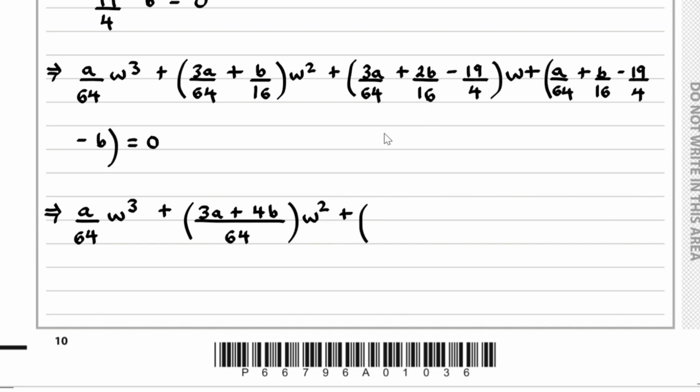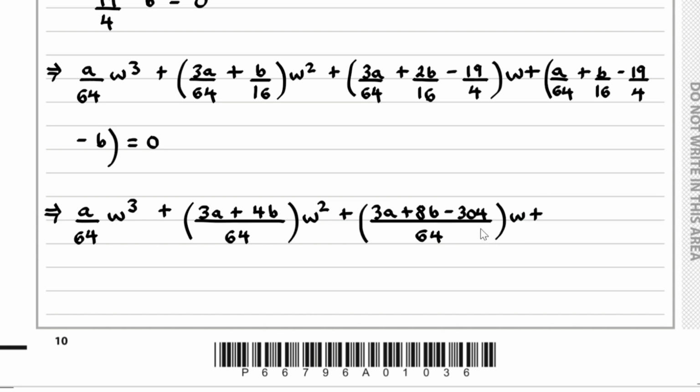And then we have 3A. Now we need to multiply 2B by 4 to get 8B. And then we have 16 times by minus 19, so that's minus 304. And then we divide this by 64. So this is the term involving W's.